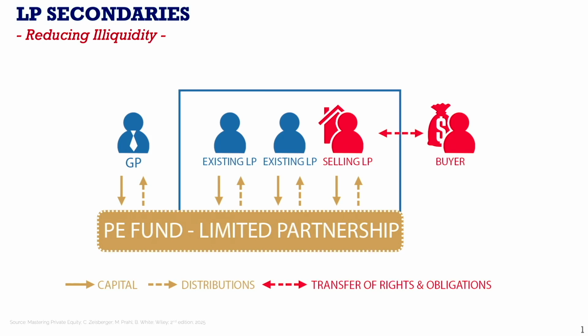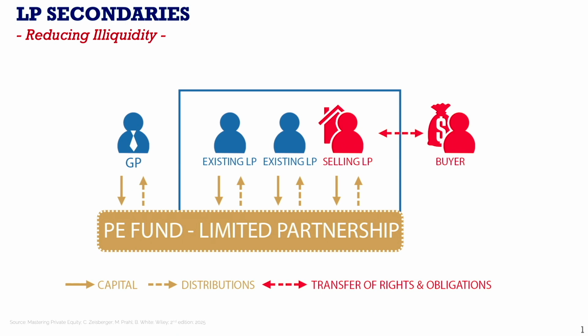On the bottom, you have the private equity fund, which is run by the GP on the left-hand side. And obviously, like any private equity fund, it has a group of existing limited partners, the institutional investors that are investing in the respective fund. Imagine one of those LPs, potentially for portfolio construction reasons, wants to sell out.